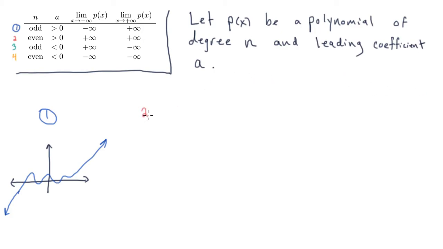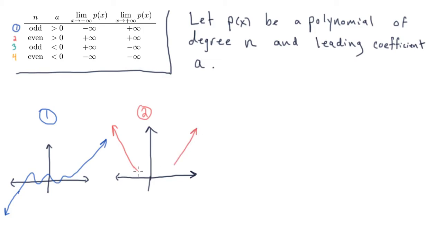So then for case 2, let's draw a similar graph to show the end behavior. So now the degree is even and the leading coefficient is still positive. So we're actually shooting off to infinity in both directions.